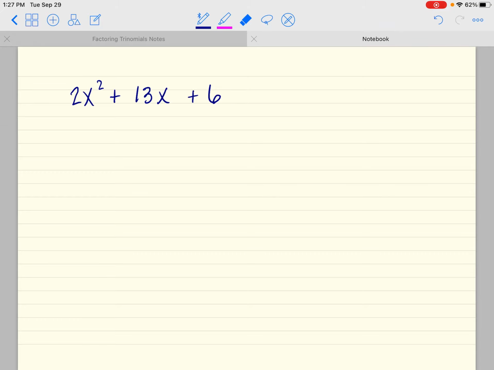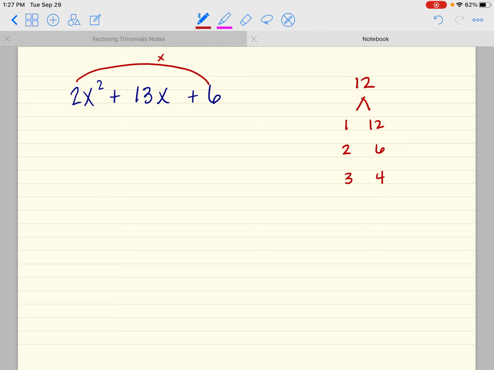All right, so here's how bottoms up is going to work. We're going to start by multiplying our first coefficient and our last number, which is our constant, so the 2 and the 6, first and last numbers, and that product, if we multiply those, we get 12. Then we want some factors of 12. I'm just going to list out pairs of factors. So 1 times 12, for example, or 2 times 6, or 3 times 4, right?